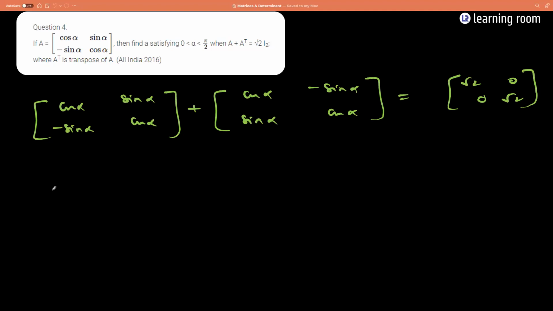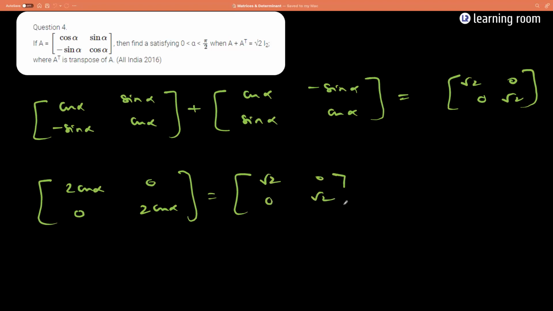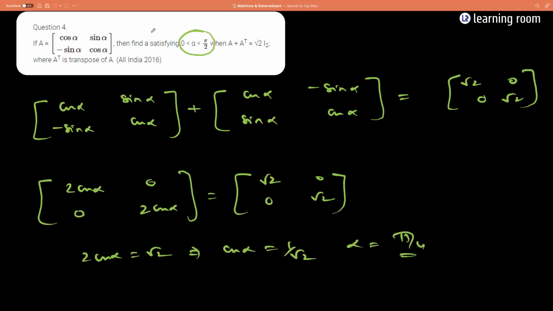Now what are we seeing? 2 cos alpha, 0, 0, 2 cos alpha is equal to root 2, 0, 0, root 2. So 2 cos alpha is equal to root 2, which implies cos alpha is equal to 1 by root 2. Alpha is? Pi by 4, because they're asking for the value between 0 and pi by 2. So the value of alpha is pi by 4. Clear?